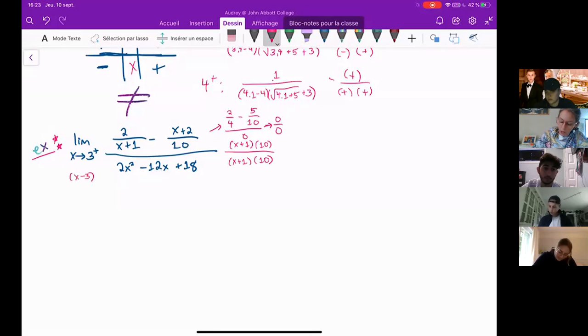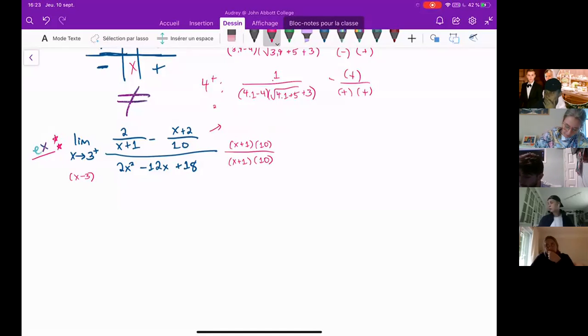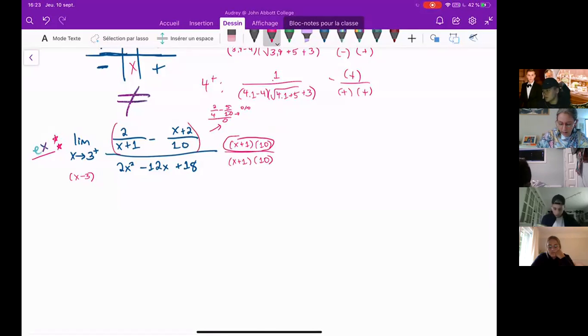Okay, I'm going to do this a little bit slowly. I'm actually going to move this right here to another place. I can see that I'm taking this x plus 1 times 10 and distributing it to the inside.